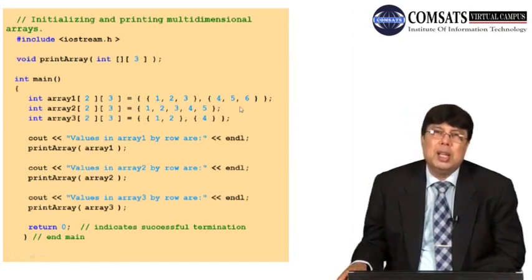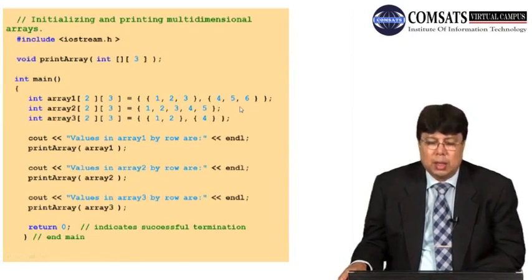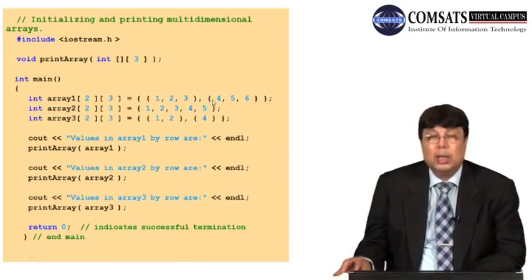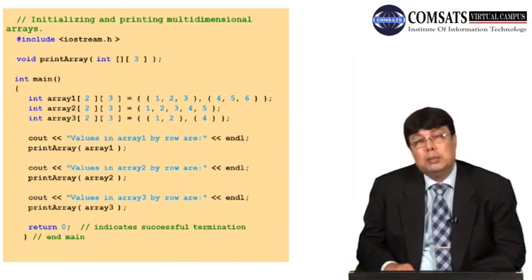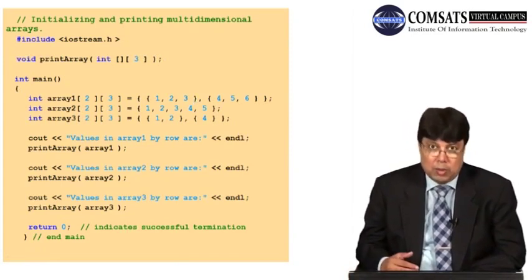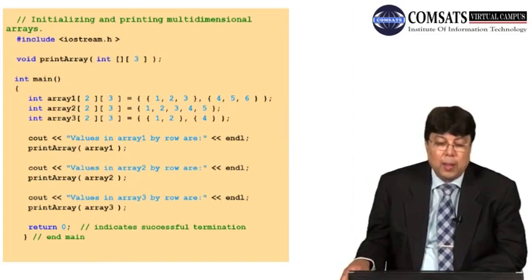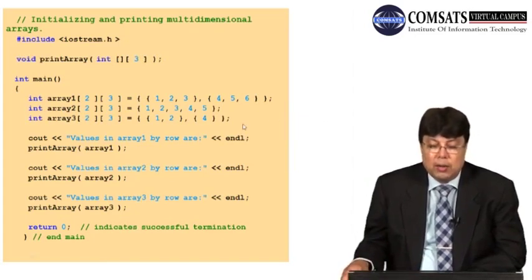Do you remember that you may skip some elements? Similarly, you can remove the two braces here, and you can simply put all the 6 elements in one. That will automatically split up into 2. Or as we have done it here, 1, 2, 3, 4, 5, we have skipped 6.